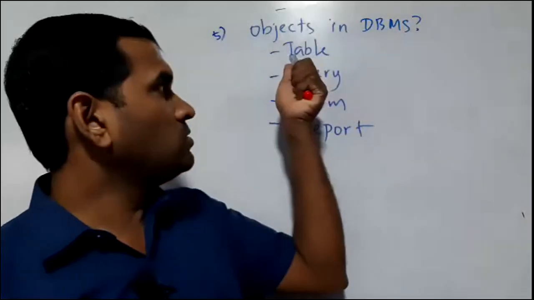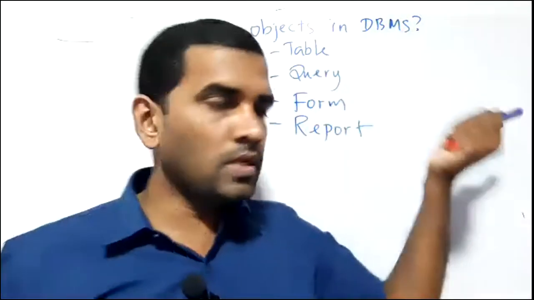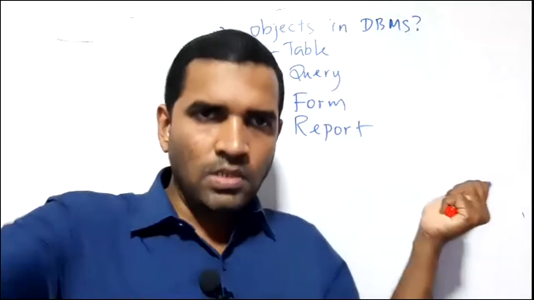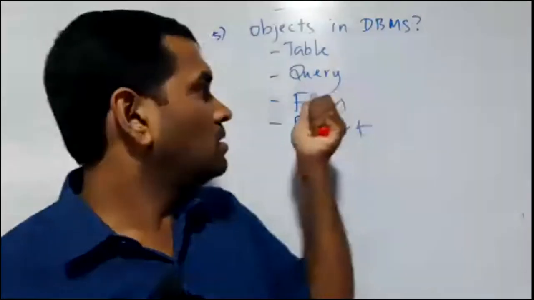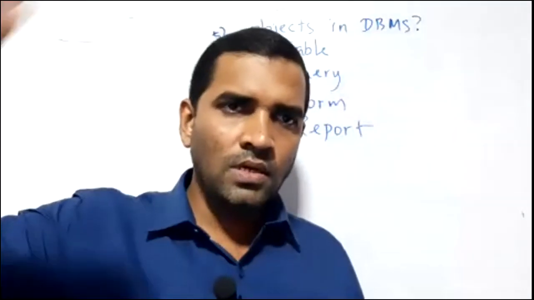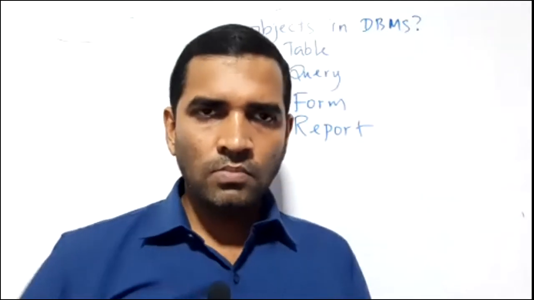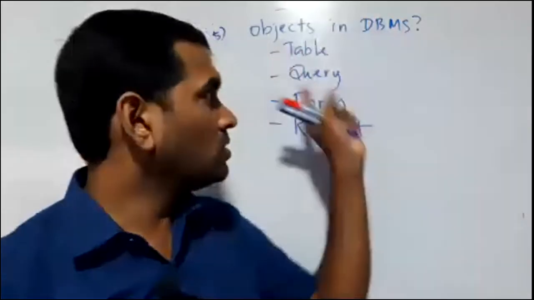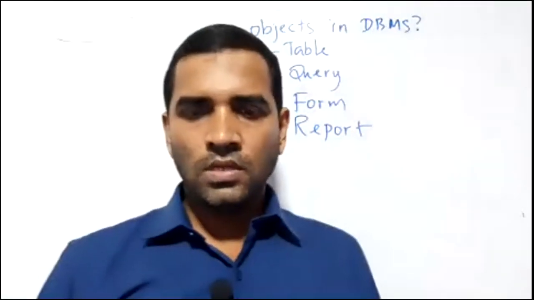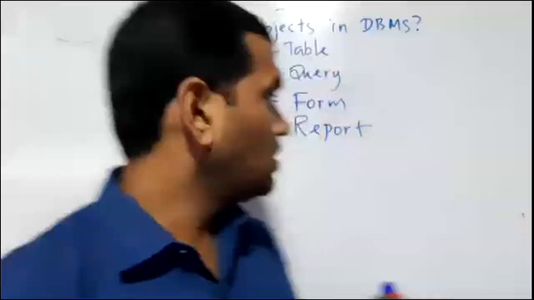So very short: table for storing the data, query for retrieving the data from the table, form for inserting the data to the table, report for taking the prints from the table or from databases. So these are the objects found in DBMS.